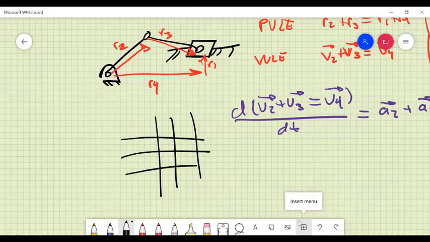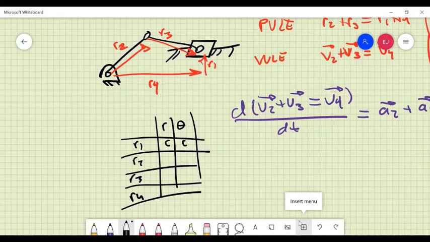And I think you know which is going to be the difference. So magnitude, orientation, R1, R2, R3, and R4. R1 is constant, right? It's a fixed one. R2 is constant variable, R3 is constant variable. What about R4? Magnitude is changing, is the linear displacement of the slider, and the orientation is constant.